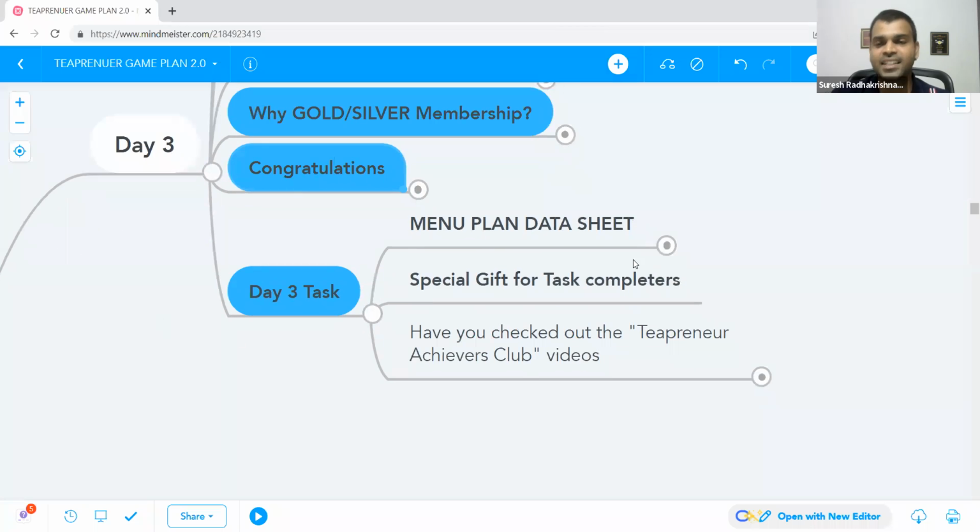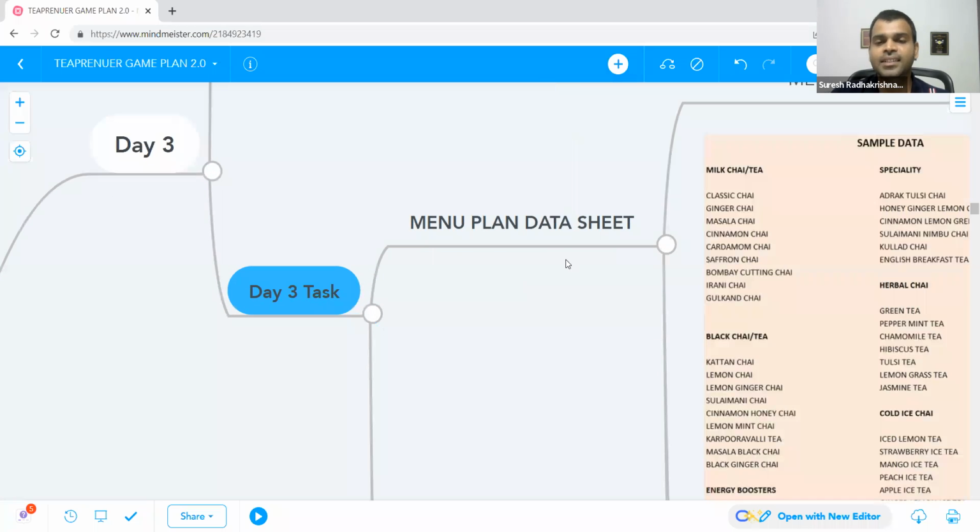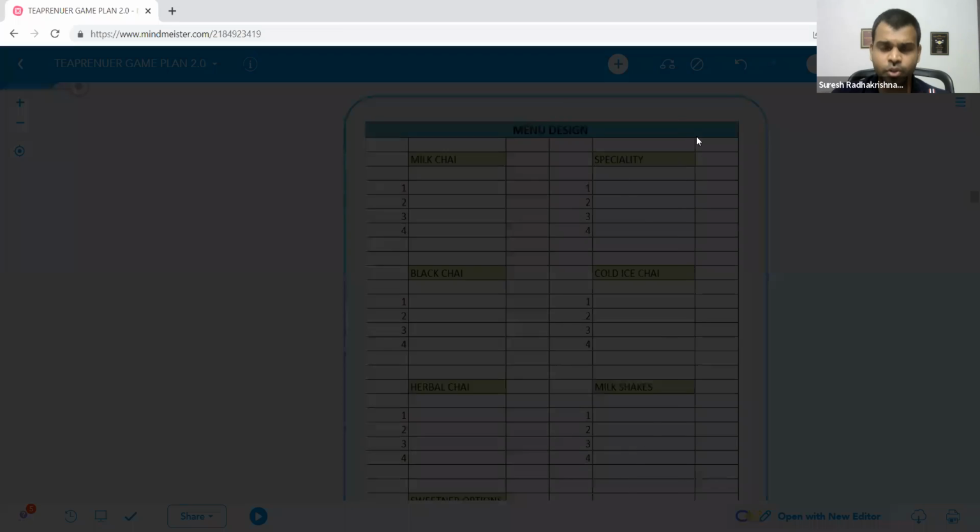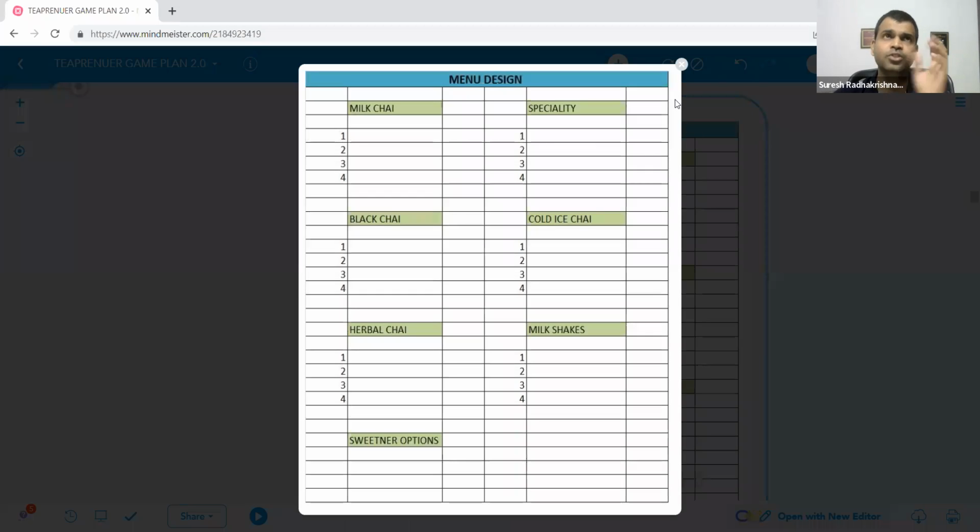So, day 3 task: the menu plan data sheet. As I already told you, you're going to fill the menu. Please don't make it complicated. It's a very simple task. Just cut, copy, paste if you're really busy. You don't need to do R&D on this. For me, your motivation and your confidence are important. Random picks need not be perfect.